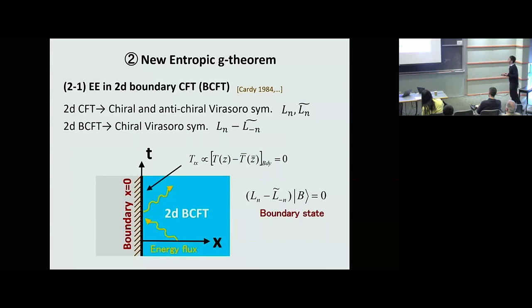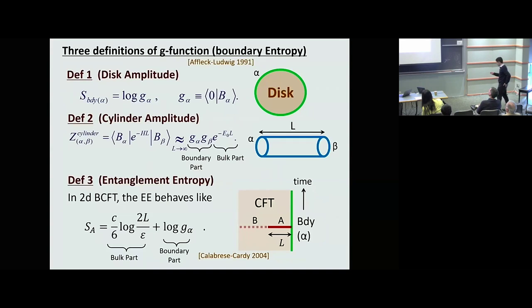This is our setup. Now, a very interesting quantity called the g function can be introduced as follows. Let's assume a boundary conformally invariant point. This was considered by Affleck and Ludwig, and this quantity is claimed to be monotonically decreasing under boundary RG flow.